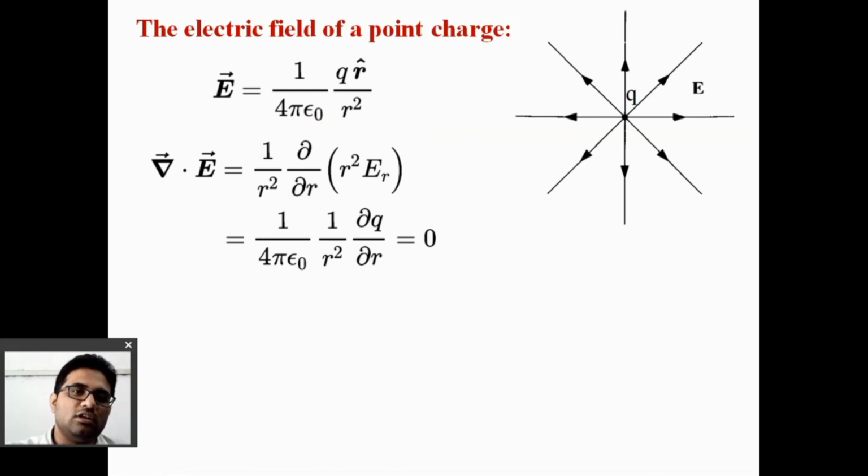Now let's apply the divergence on this electric field. When we consider the divergence, this is an operator, and in Cartesian coordinates the form is i del/del x plus j del/del y plus k del/del z.